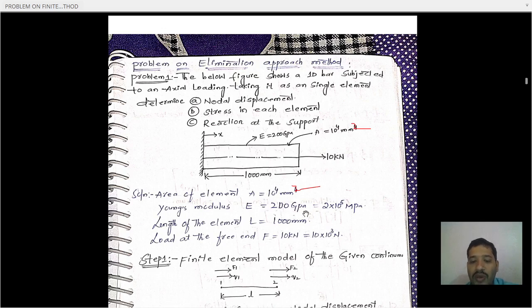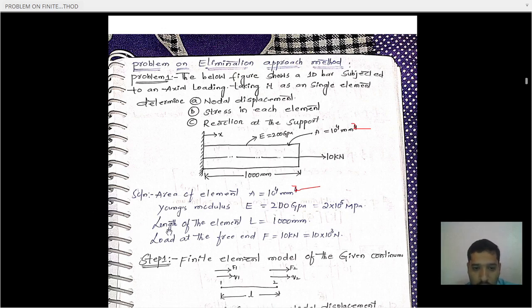If you want to convert to megapascal, it should be 2 into 10 power of 5 megapascal. Converting to Newton, it is 2 into 10 power of 5 Newton per mm square. Is it right?